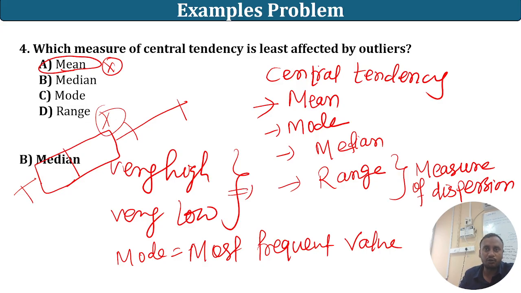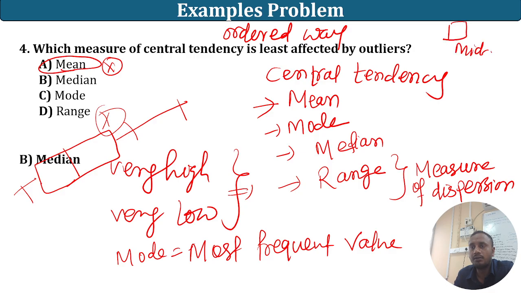For the median, we arrange the numbers in order and then find the middle value. The outliers can be extremely high or extremely low, but that's not going to affect the middle.